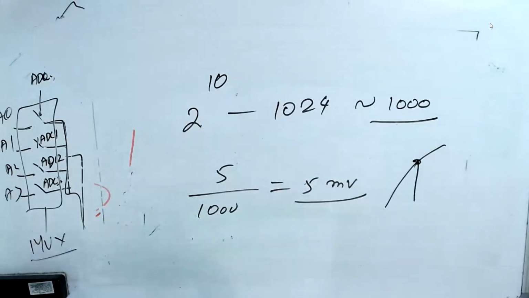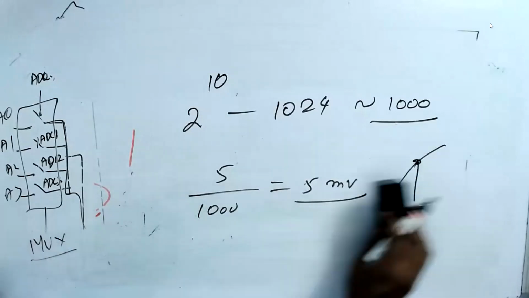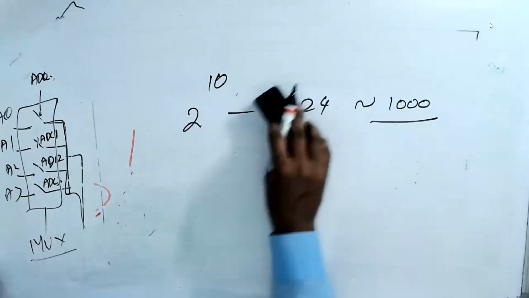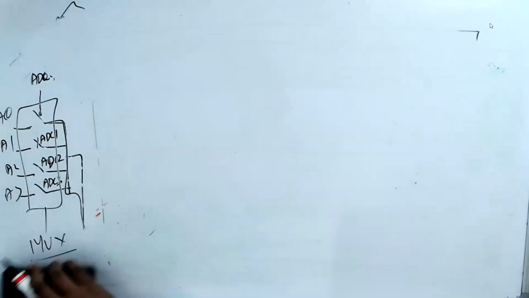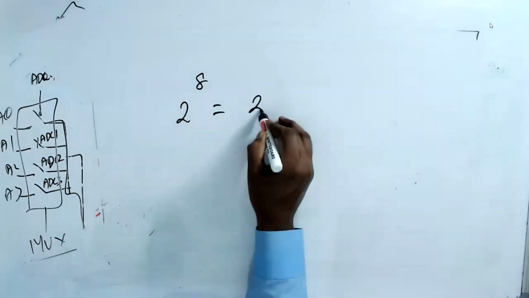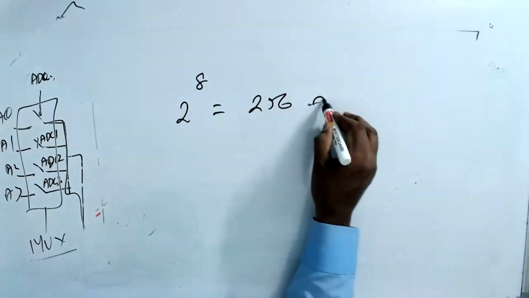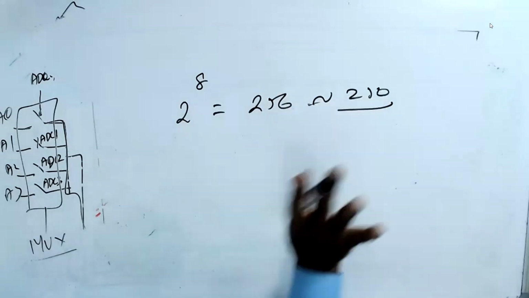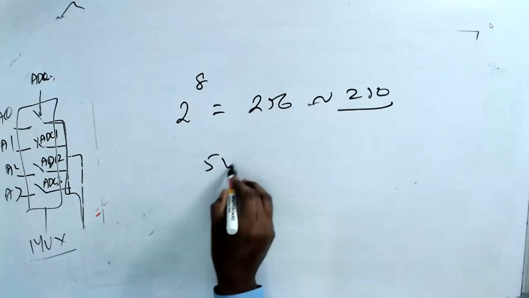Better resolution, correct. Better resolution means, for example, let us assume I have 2 power 8. That means 256. Let us assume 250. So 5 volt divided by 250.